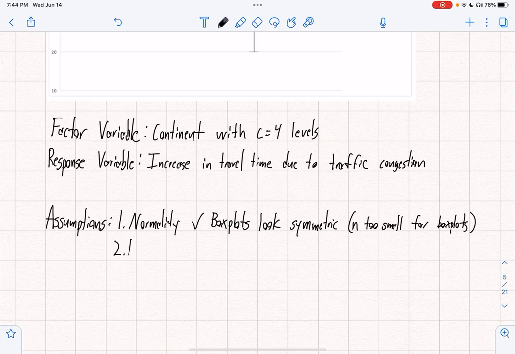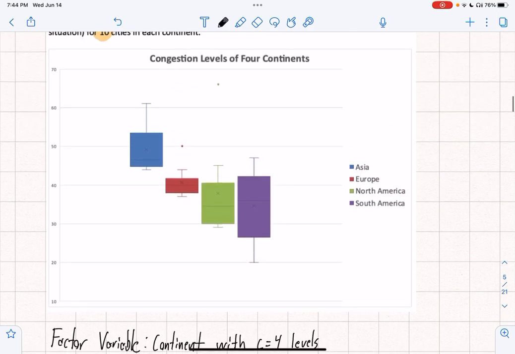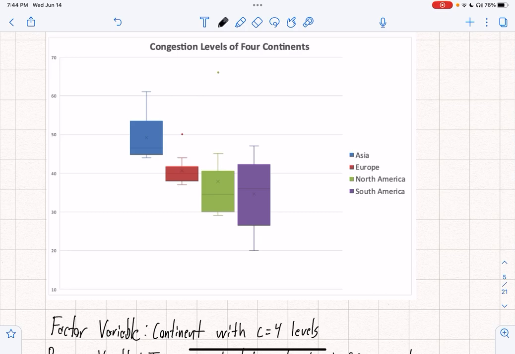Okay, 2, equal variance. There are a number of ways we could check. One is comparing the interquartile ranges. They're obviously different from one another, and this one is the most different, but nothing is vastly different from one another.